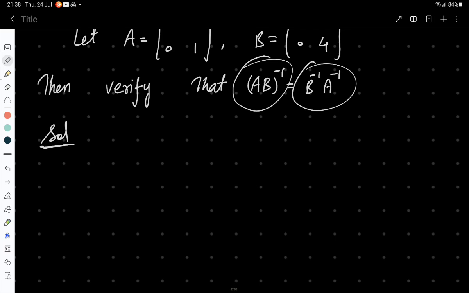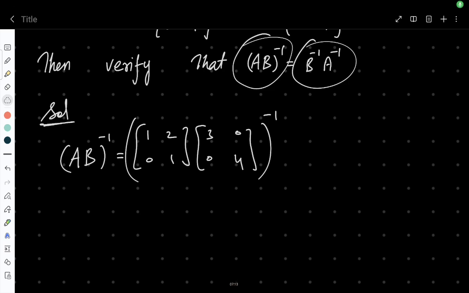So let's compute the left hand side first.